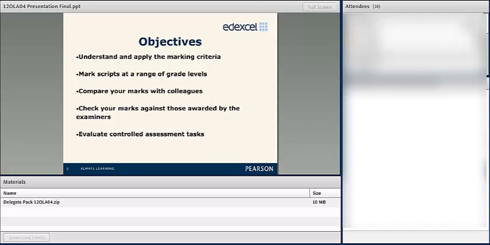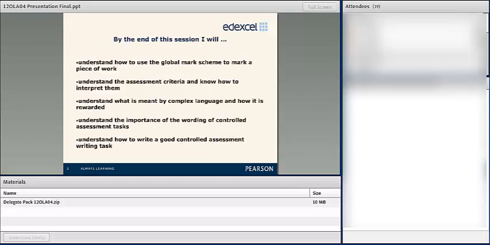But hopefully, by giving you some examples, talking them through and answering your questions, you'll be able to come away at the end of the session with a much greater understanding about how the assessments are marked by Edexcel. As you can see from the PowerPoint, by the end of the session you will be able to do those things. I don't need to read them to you.